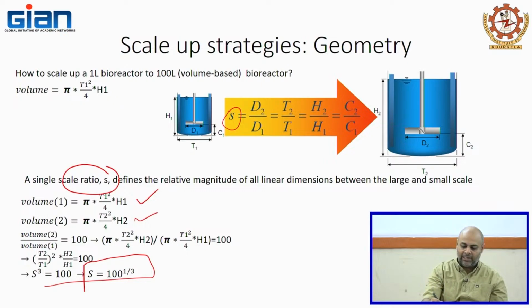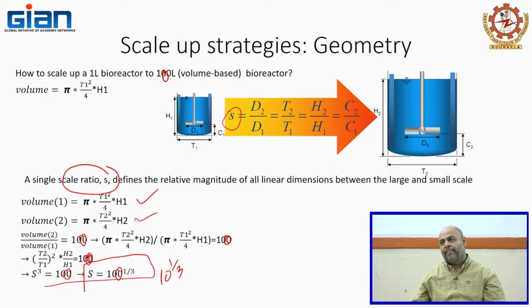If you make it a 10 liter, let's say, every place where you have 100 will become a 10, so this will become 10 to the power 1 by 3. 10s are easier to work with. For 1 you go to 10, 10 to 100, 100 to 1000. An increment of 10 makes your life much easier.